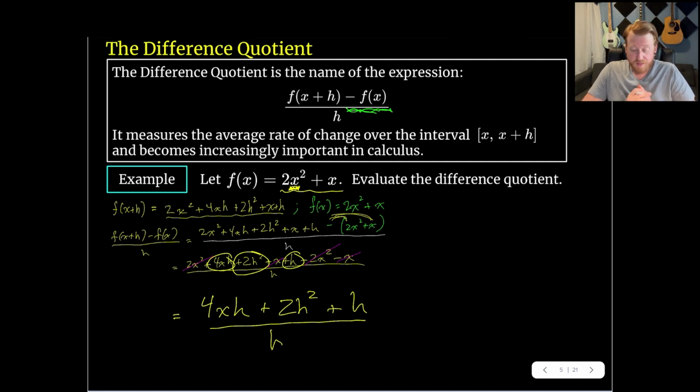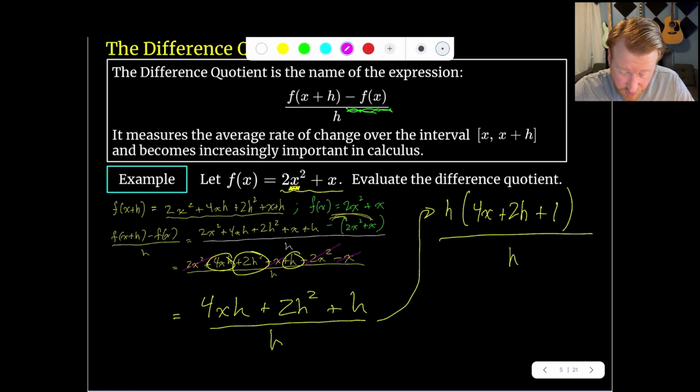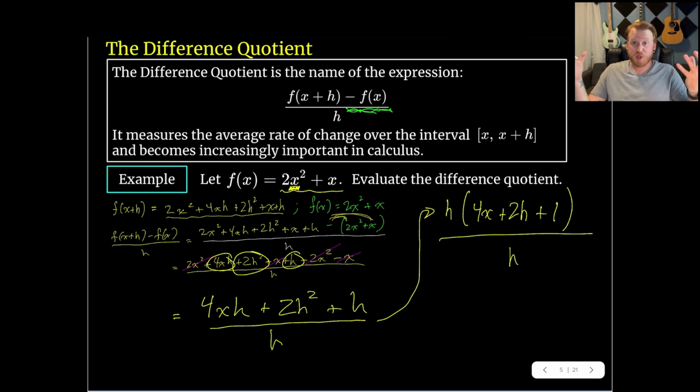Now, if you notice, there is at least an h term in everything in the numerator, which means I can factor an h out from every term in the numerator. So as promised, I will factor this h out, and what is left is 4x plus 2h plus 1 all over h. And like I had said earlier, if I've done this problem right, I know I can get the h in the denominator to cancel with an h in the numerator.